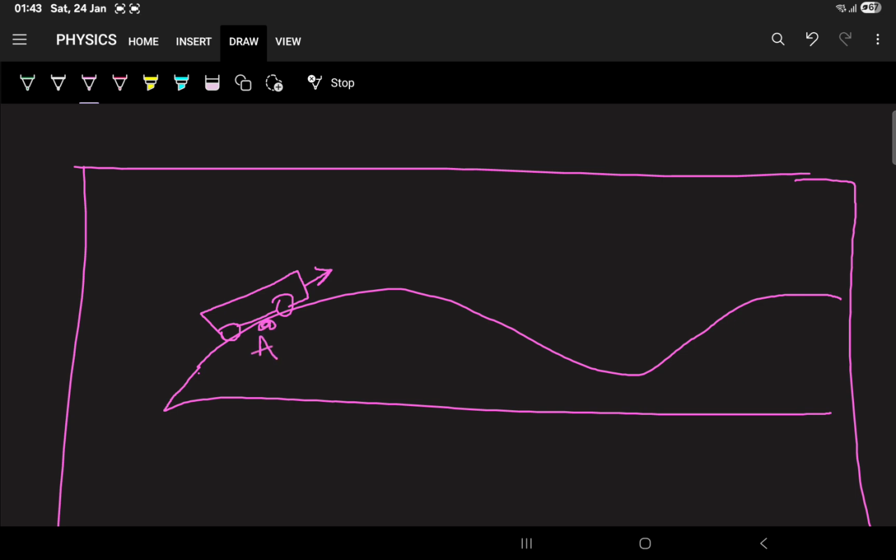Let's assume this point to be A, and at this point the car will be pointing in this direction, while at this point we see again the car pointing in this direction. Now we can see the direction is not constant, it's variable. That's why it's a scalar quantity.